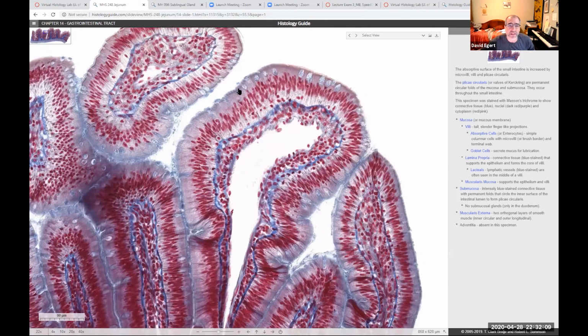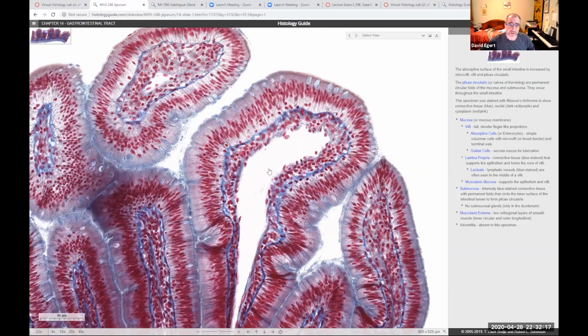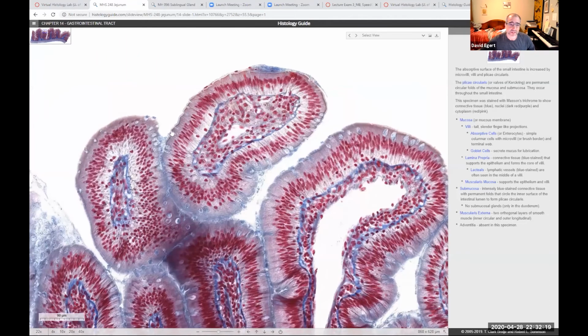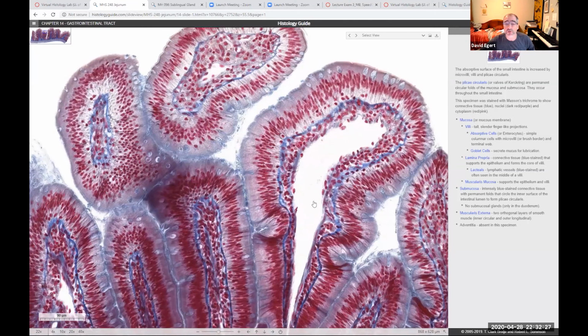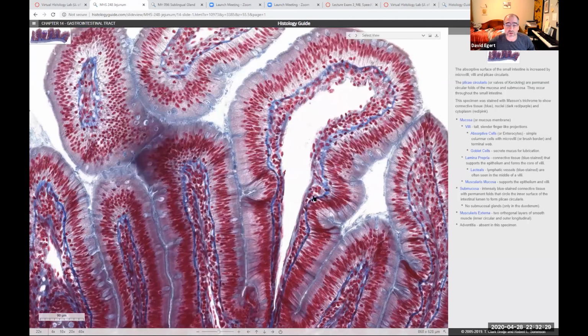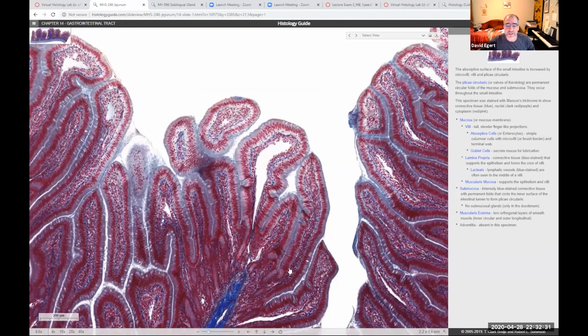You can see the cells have this kind of fuzziness on the edge of the columnar cells. That's the brush border there. See that fuzziness? Here, this is a finger, a villus that's been cut. So you're looking at a cross section of a finger. Here's a finger that's more longitudinal section, so you can see the whole finger, right? So here's a finger, a villus, but here's one that's been cross-sectioned this way, so it looks like it's just a circle floating in space.